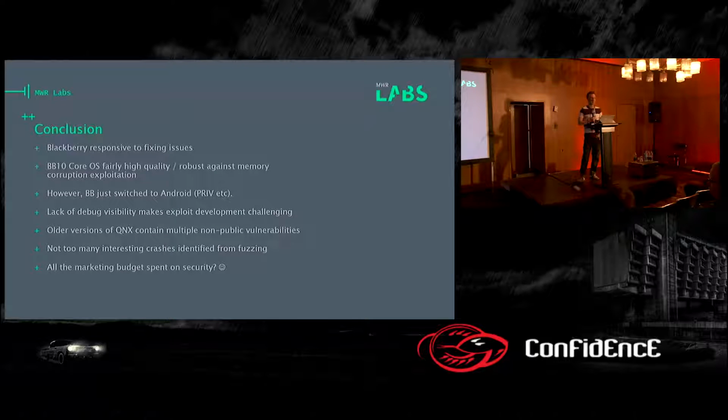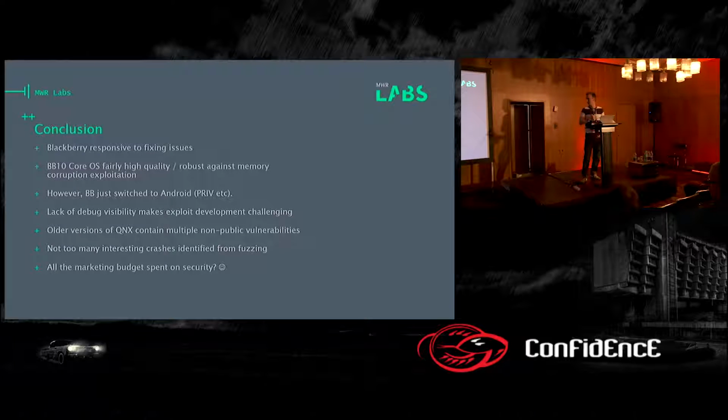The lack of debug visibility is a really quick win: if I'm developing an embedded platform and I want to secure it, making it hard for exploit devs to debug slows the attacker down significantly.